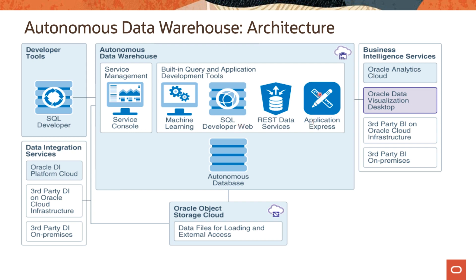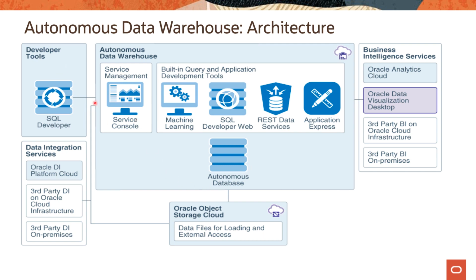It has Oracle Application Express for customers who want to deploy Apex applications, and it also supports REST data services. As far as data loading goes, customers can copy files into Object Storage Cloud Service, and they can load data files by using APIs into the Autonomous Database Service.